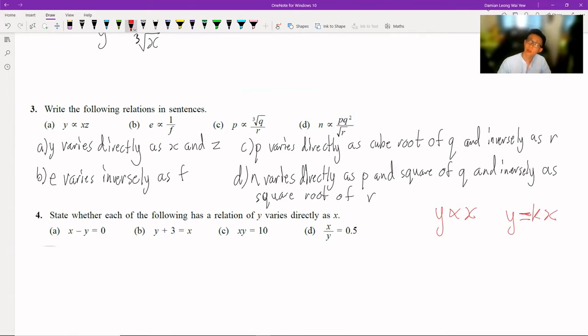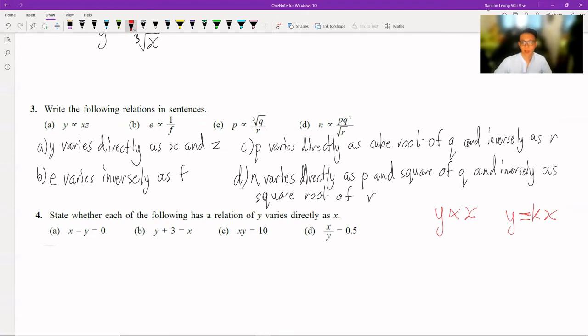Wait, can it be negative? No, it shouldn't be negative, actually. Sorry. For variation in this chapter, we don't really do negative, because in variation we usually relate between quantities. So quantity cannot be negative. For example, measurement of distance.